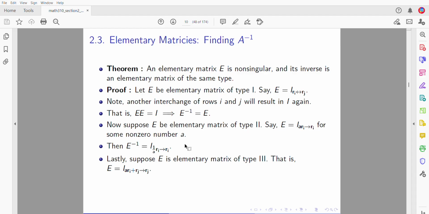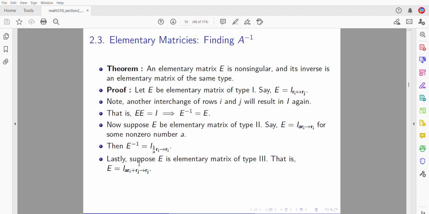Suppose E is an elementary matrix of type 3. What does that mean? E is obtained from identity matrix by multiplying ith row by a and adding to jth row. Okay? Multiply ith row by a added to jth row.